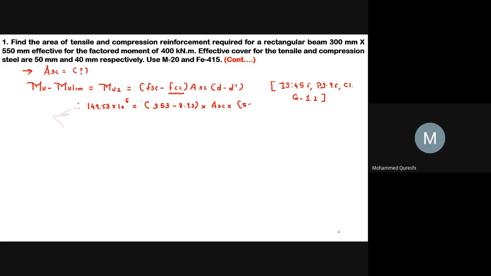Small d is given as 550 and d dash is given as 40. So after solving this equation, we will simplify more.